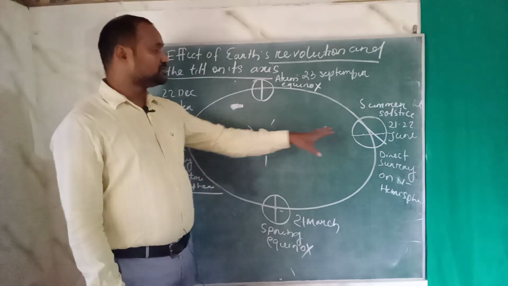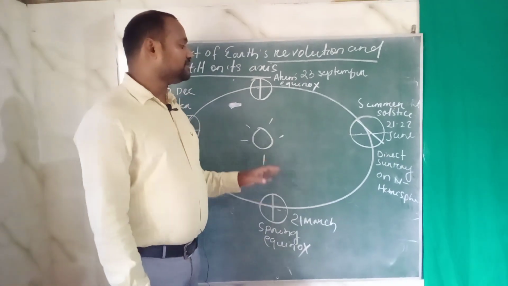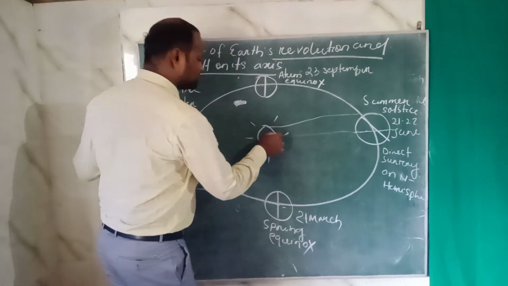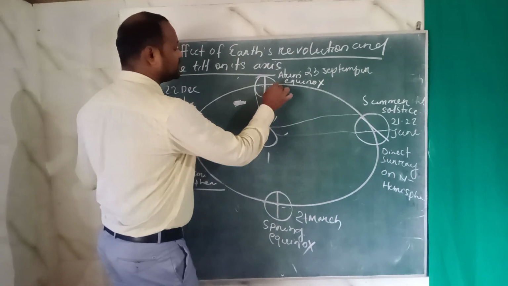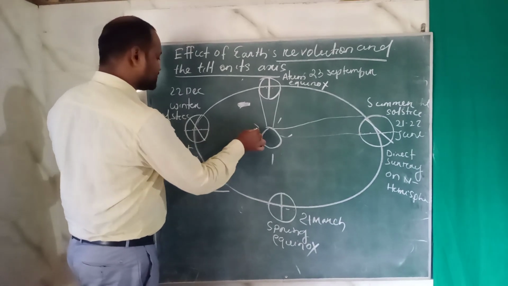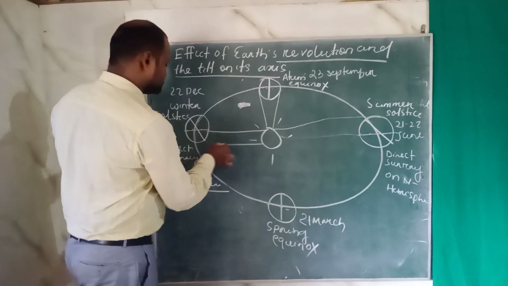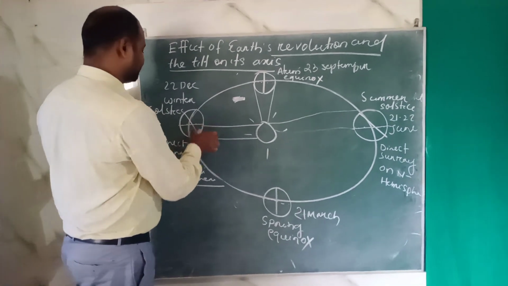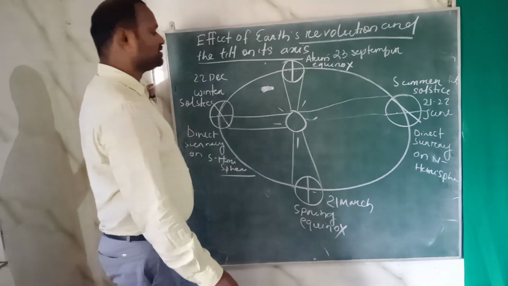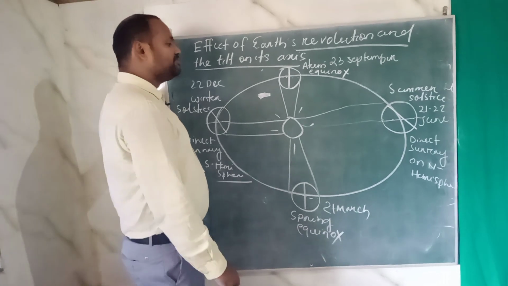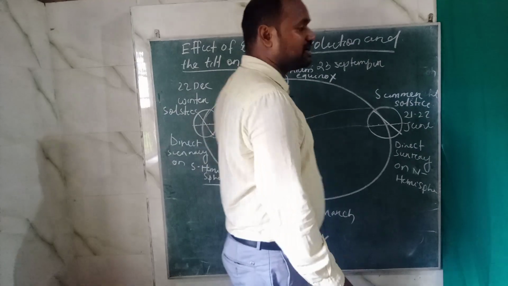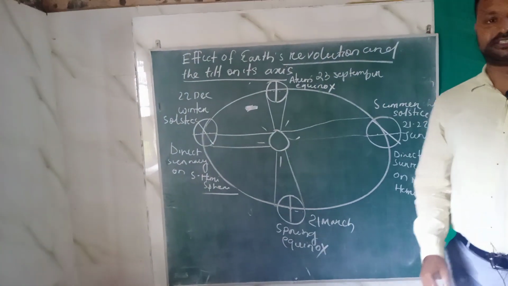The summer solstice means when the direct sun ray is over the northern hemisphere, the longest day.